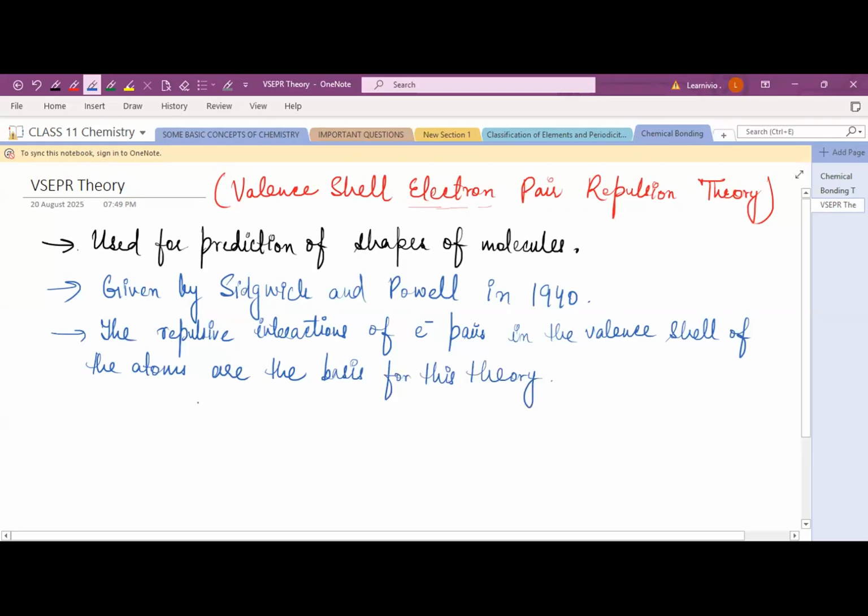So basically, this is the basic introduction of this theory, and we will discuss the main postulates of this theory in the next class. Okay, is it clear?